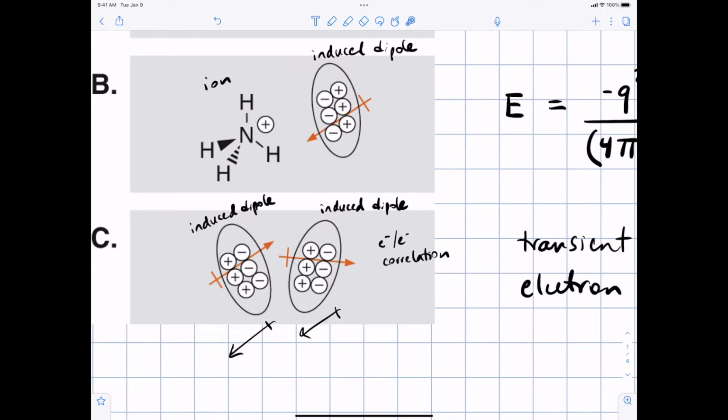In the same way, instantaneously the electron density is going to shift so that maybe, next nanosecond, picosecond, femtosecond, whatever, the partial negative charges are all over here instead of all over there. But when that happens, this molecule will also adjust itself so its negative charges are over here instead of over there. This shifting back and forth and correlation of electrons is individually weak, but it can add up to be quite a bit.